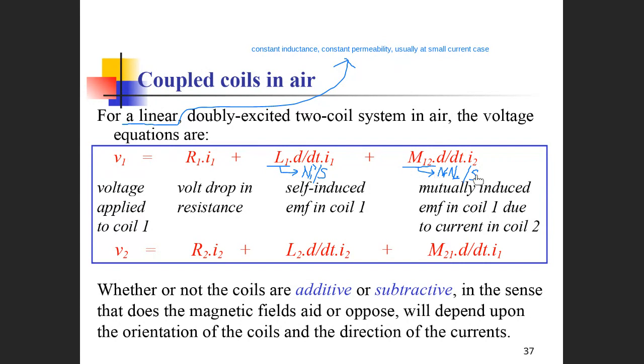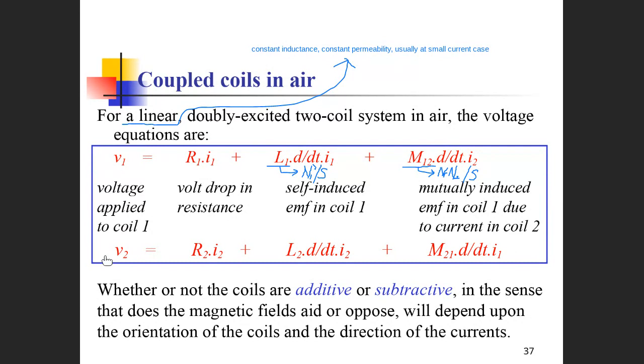The reluctance between them is the same. This is I2, this is I1. This is the self-induced voltage in coil 1 by coil 1, and this is the mutually induced voltage in coil 1 due to the current in coil 2.